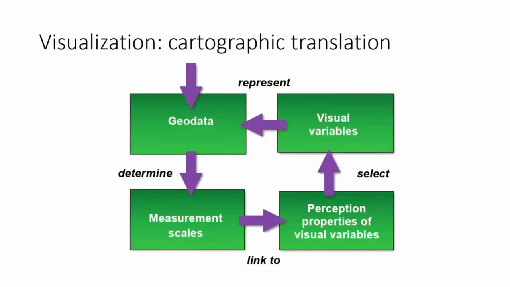In cartography, you have geodata sets, and there will be a certain measurement scale. Your data set can effectively be grouped into two major categories: nominal data sets, and continuous data sets. Nominal data sets are data sets which can only be used for differentiating by name.